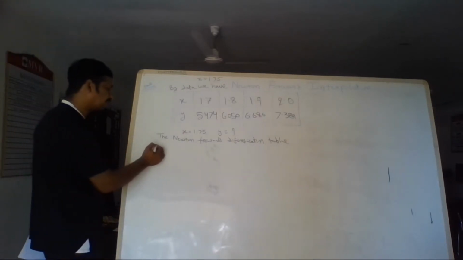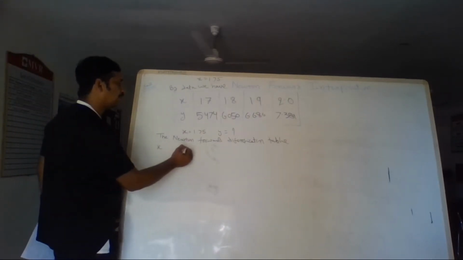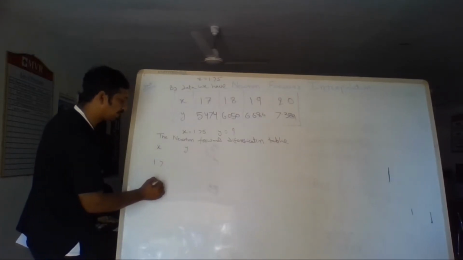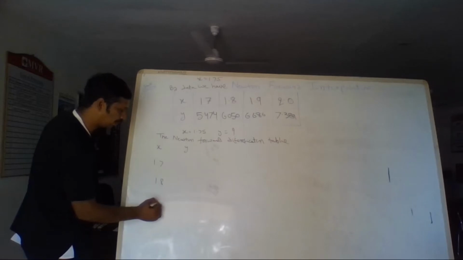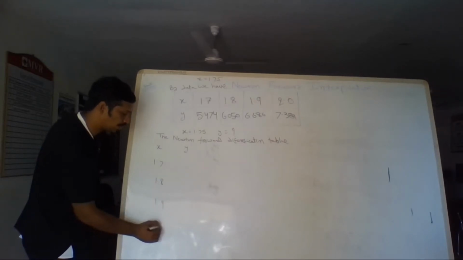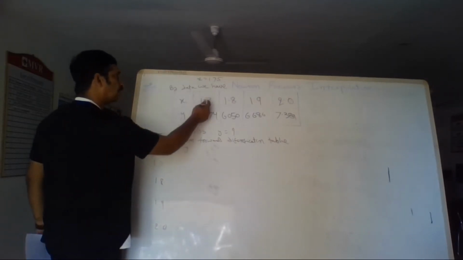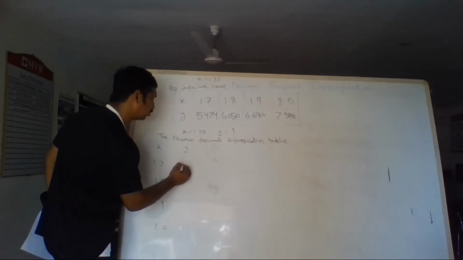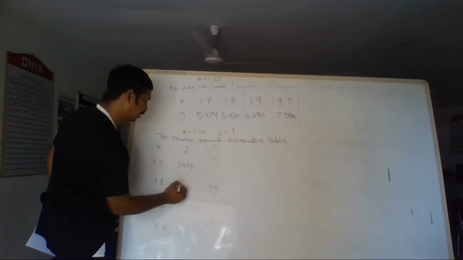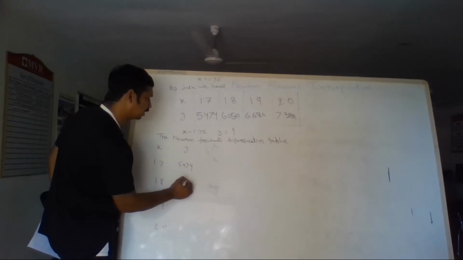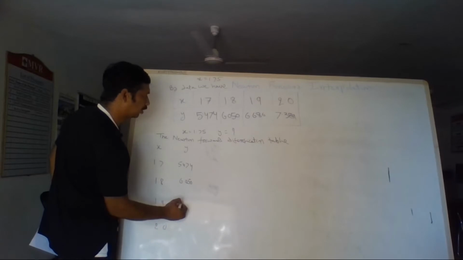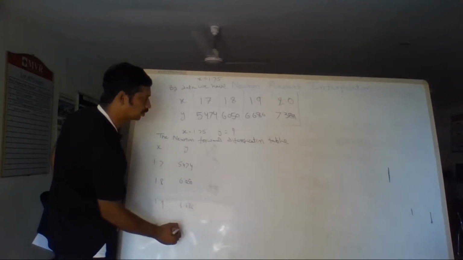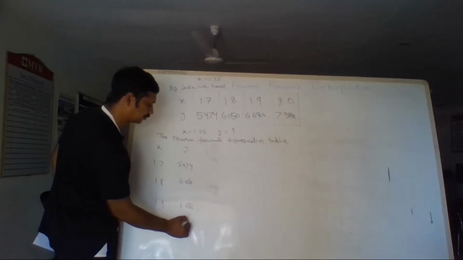We will write the values of x and y. x is 1.7, 1.8, 1.9, 2.0. The value of y corresponding to x equal to 1.7 is 5.474, for 1.8 it is 6.050, for 1.9 it is 6.686, and for 2.0 it is 7.389.